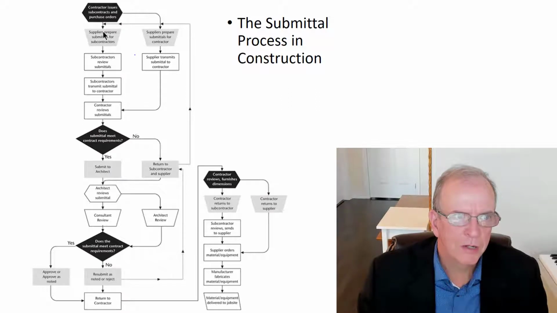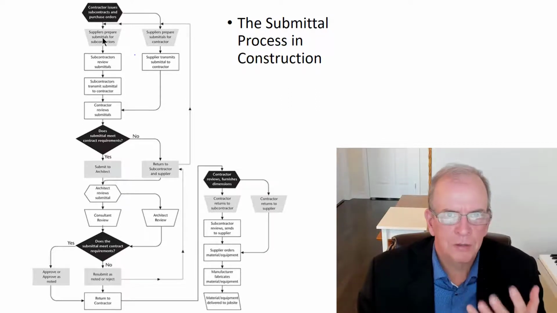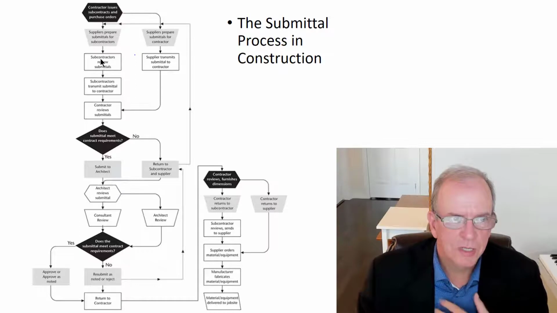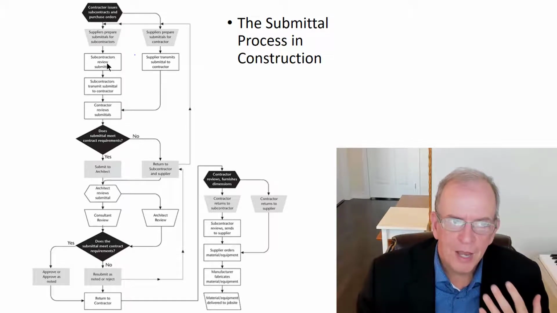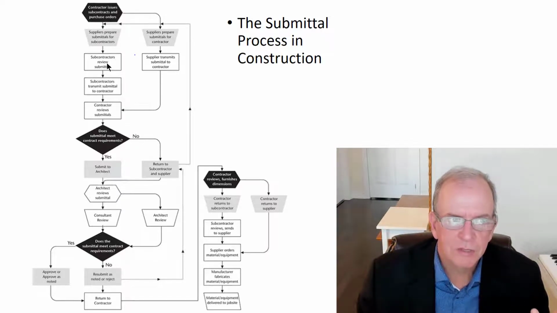All right, so the suppliers are preparing the submittals documentation that's needed. Subcontractors should review it to make sure it makes sense, and that it's providing everything that the consultant is going to need. So the subcontractor reviews it. Then the subcontractor gives it to the contractor, and they review it. All right, and they're asking themselves, does it meet all the requirements?